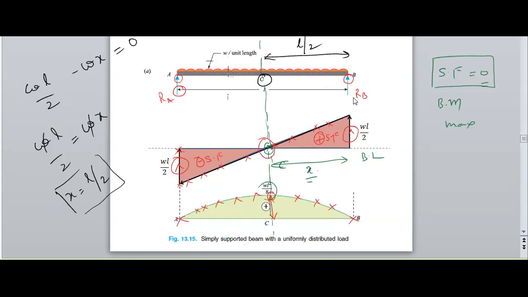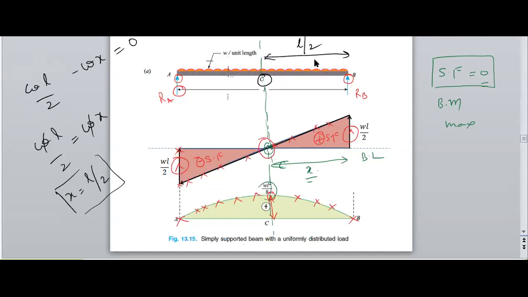Therefore, we have two forces: RB, which is moving in the upward direction, and a UDL whose length is x. The unknown value is x. Therefore, w L by 2 is the RB value.